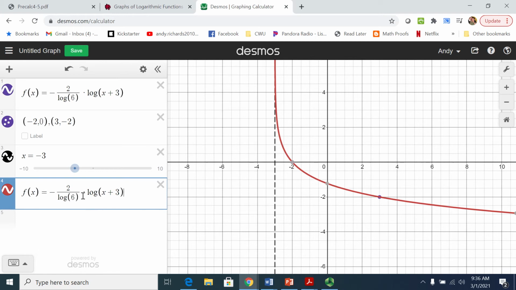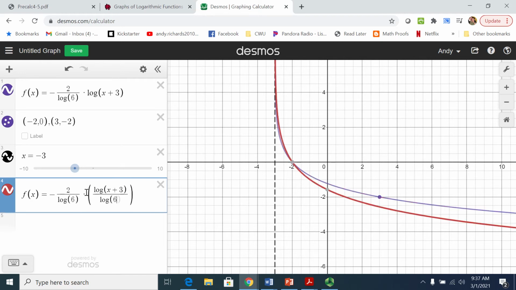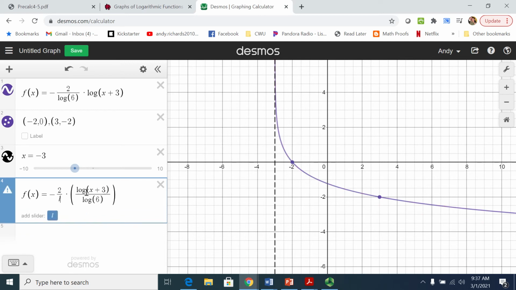Essentially what we're going to do is look at just this part here, and instead move that log of 6 over here. So what we have is this negative 2 kind of looming on the outside, and we have this log of x plus 3 over log of 6 here.